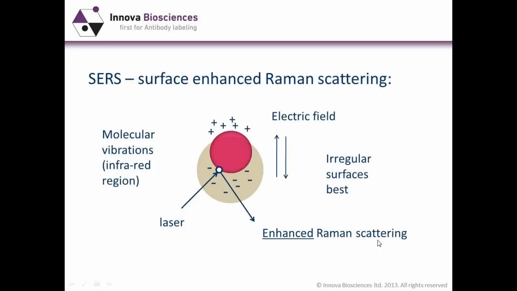Normally this is quite weak, but it can be amplified by orders of magnitude if the molecule is at a gold surface. So what you tend to find is that the intensity of the electric field and the enhancement is better with irregular surfaces. So this is perhaps an application where you want a rough surface rather than a perfectly spherical gold object.